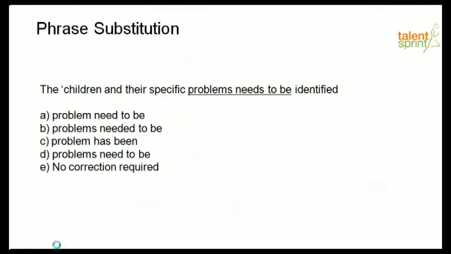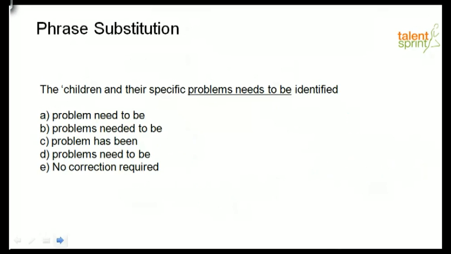The next question type that comes into play when we focus on spot the error is phrase substitution. We understand the pattern. There's a question, a couple of words or a phrase in the sentence is underlined or in bold, and we have to look at the options and see which one to replace or substitute it with. Let's look at our context right now.